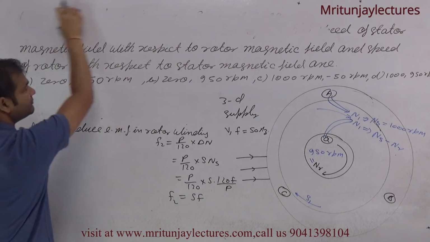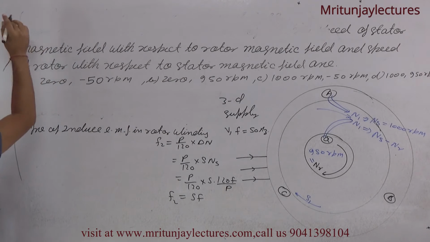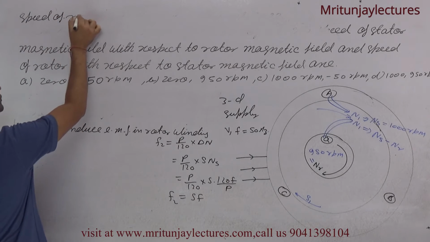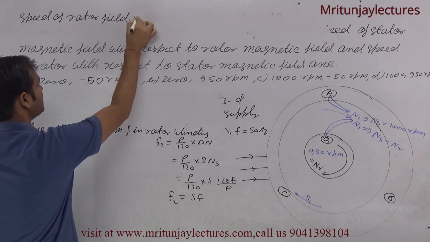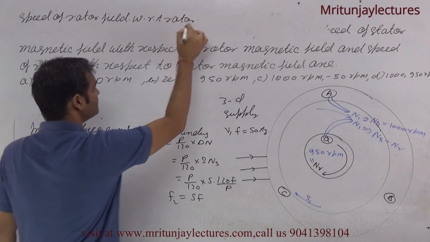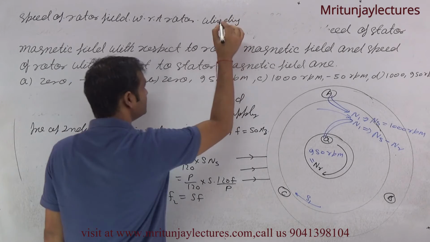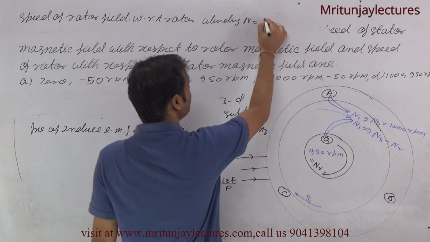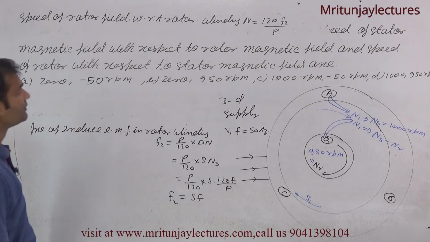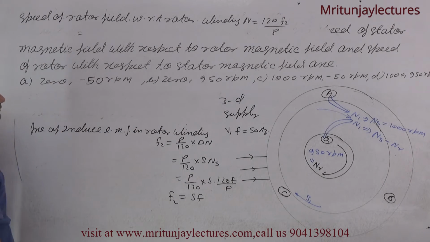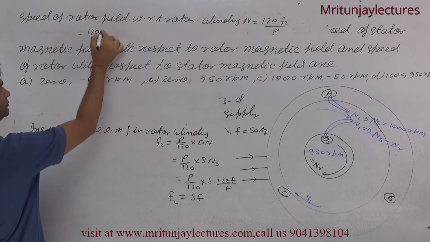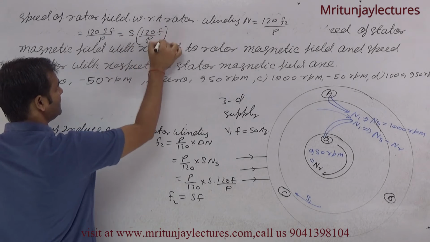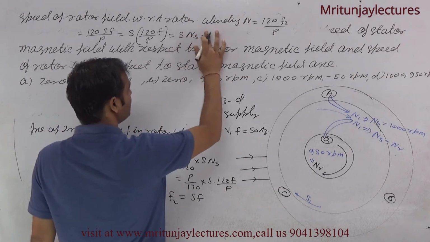Better to write it here. The speed of the rotor field with respect to the rotor winding, suppose that is N2. So N2 is written as 120 F2 by P, and what about F2? 120 times S into F by P. So S into 120 F by P, that is also Ns. It means that is S Ns.